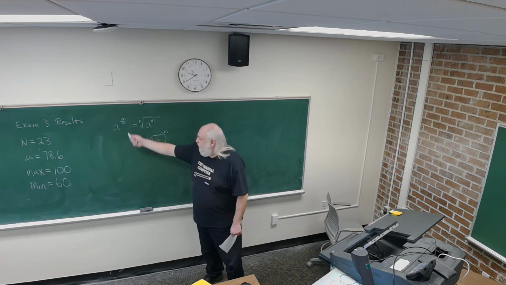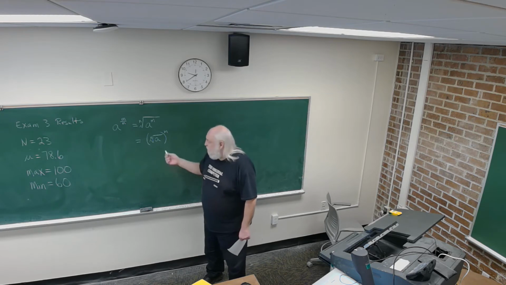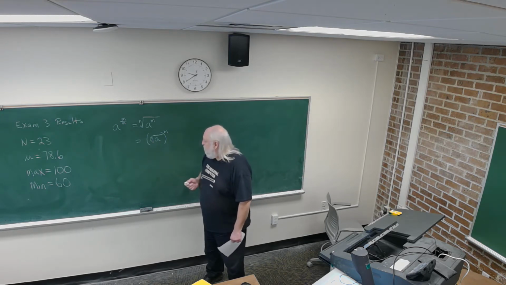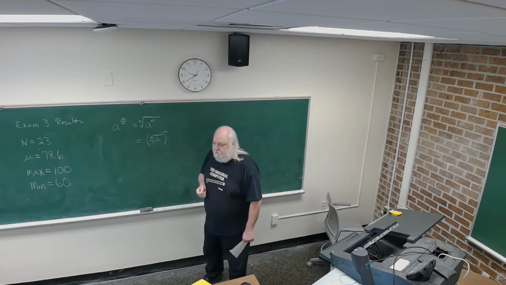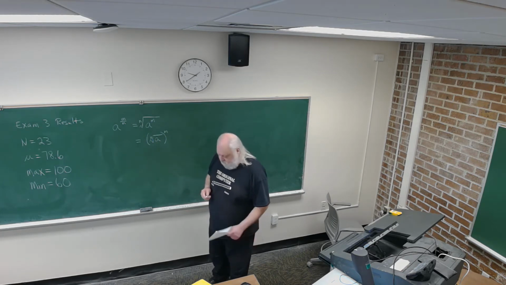In simplifying a to the m over n power, often you can do the math in your head by taking the nth root of a first and then raising that result to the mth power, instead of raising a to the mth power and then taking the nth root.